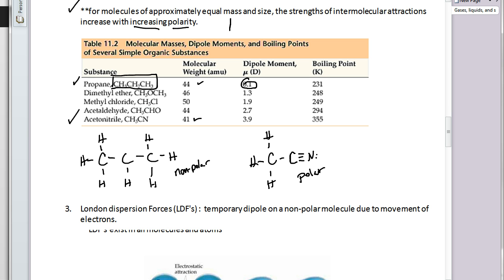The nitrogen on the far end is much more electronegative and will pull the electrons toward it, so we're going to have a slightly negative charge over here. So acetonitrile is definitely going to be attracted to other acetonitrile molecules through what we call dipole-dipole attraction. And maybe there's another acetonitrile over here.